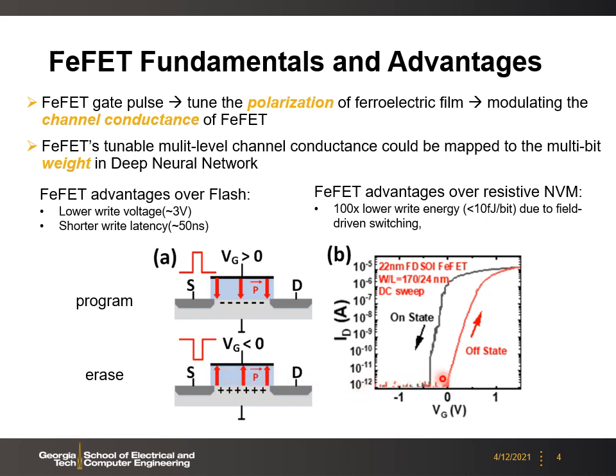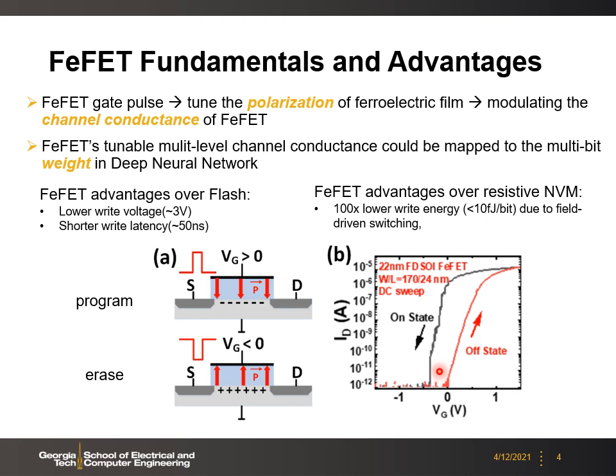Then the device will have very low current. So the channel conductance can effectively be modulated by the polarization in the gate dielectric with multi-level states. Therefore, the FeFET is suitable to map the multi-bit weight in a deep neural network.